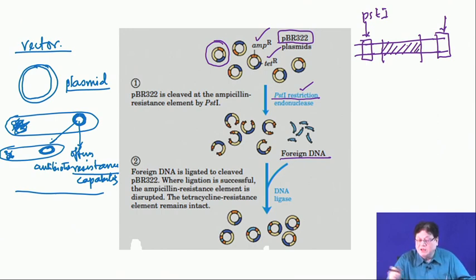So, you are cutting a little bit far on this side and a little bit far on this side, and then this will have similar sticky ends. So, this will be the picture, and then when you ligate, this part can ligate with the protruding or overhang part of this end, and the other end can ligate with the overhang part of the vector DNA, which is already treated with the same restriction enzyme.